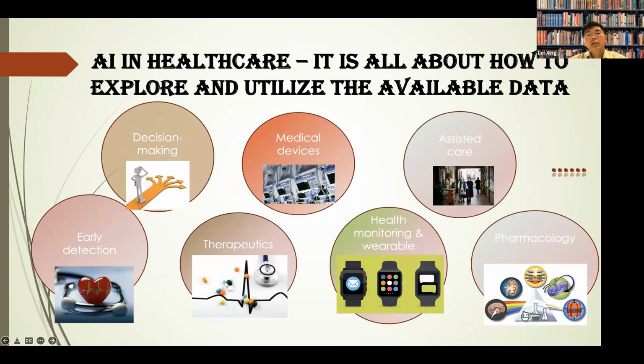With deep learning, the equipment can be either simplified or its performance augmented, depending on your goal. And therapeutics, right? Drug design and clinical trial design, etc. And assisted living. You just name it. It really covers the whole spectrum of healthcare.